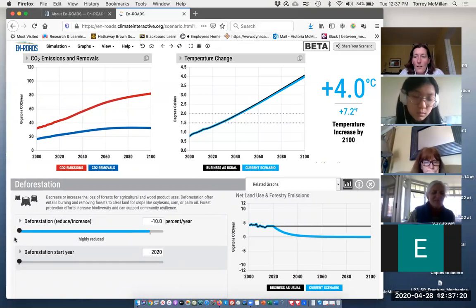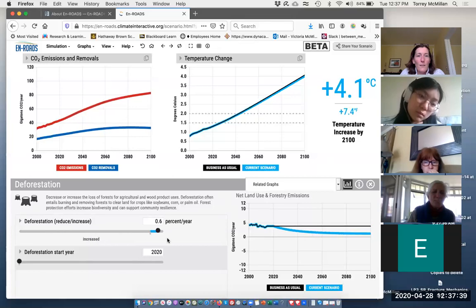We still don't get a lot of change, unfortunately. We get the drop in gigatons of carbon dioxide emitted per year, but you're not seeing a huge shift up here in terms of the emissions and removals, right? You get a little bit.